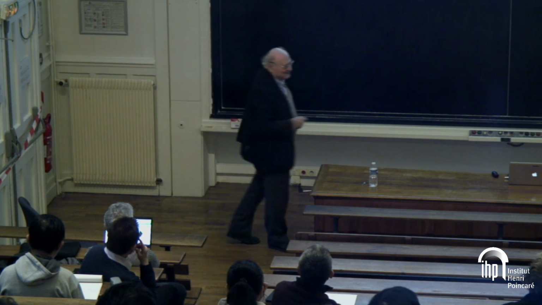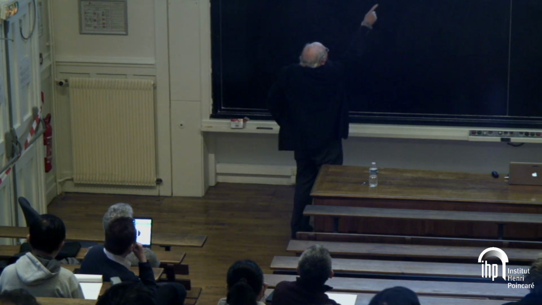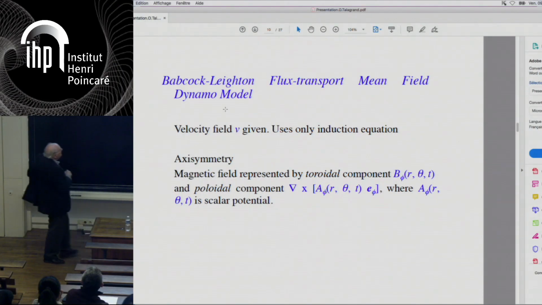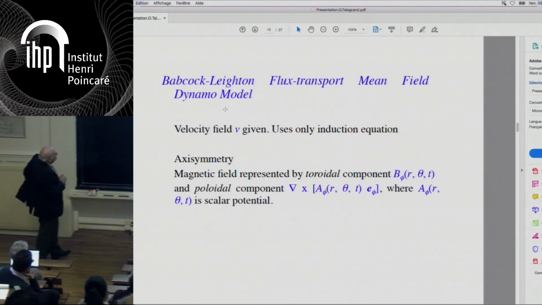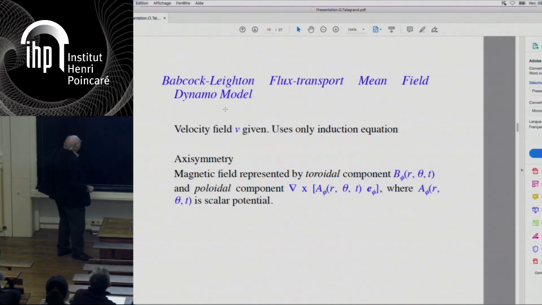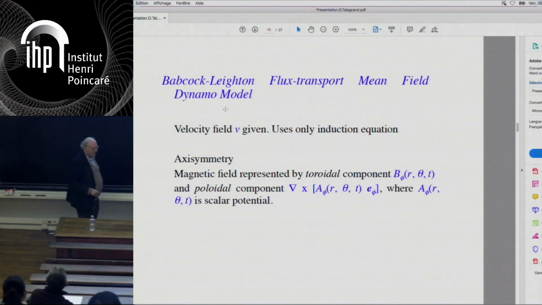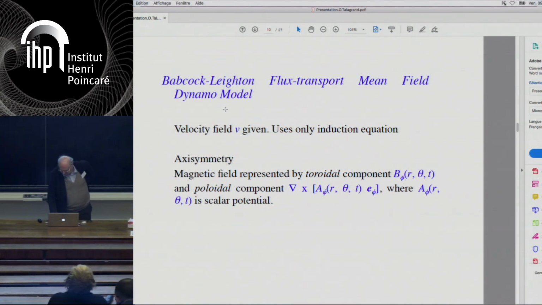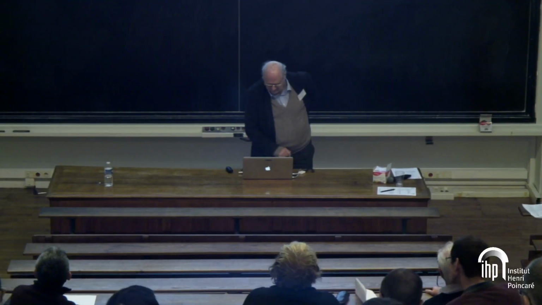And there is the poloidal component. This is what we call the meridional component. So the variables we have are B phi, where phi is the longitude, which is the toroidal component, and the scalar potential A phi, from which the poloidal component results. There is, of course, a condition of non-divergence of the magnetic field.